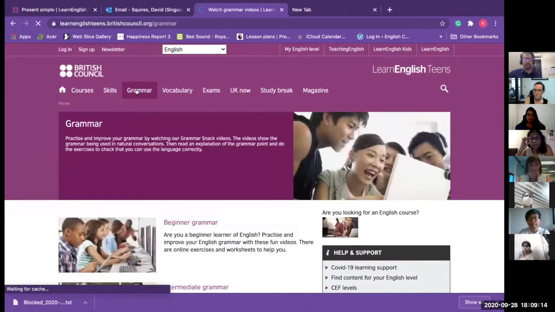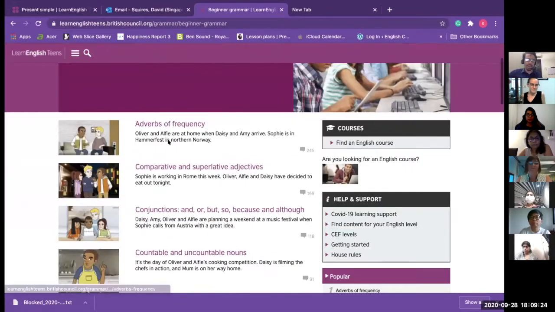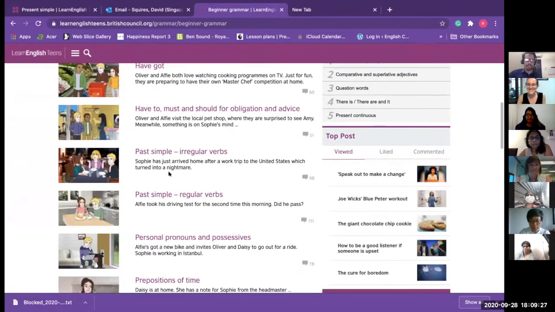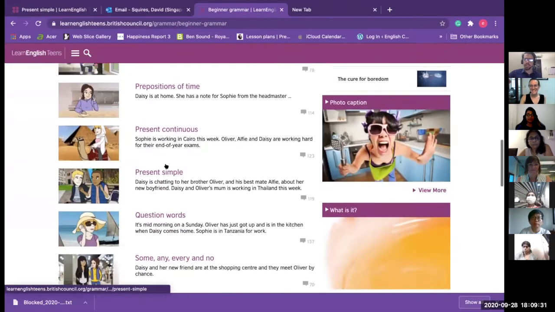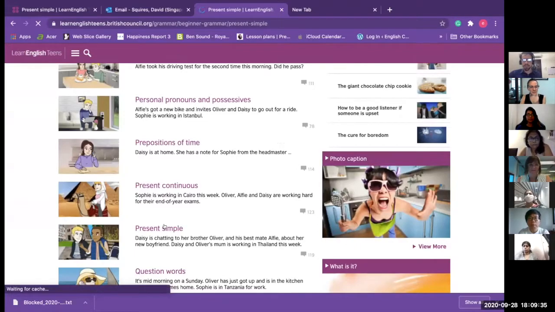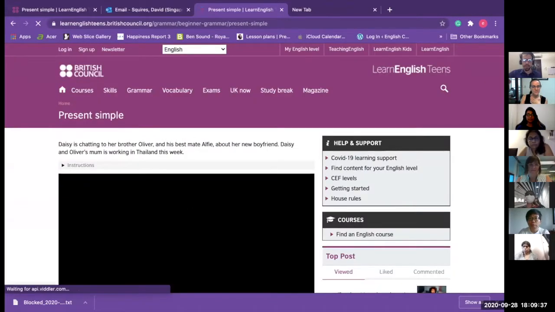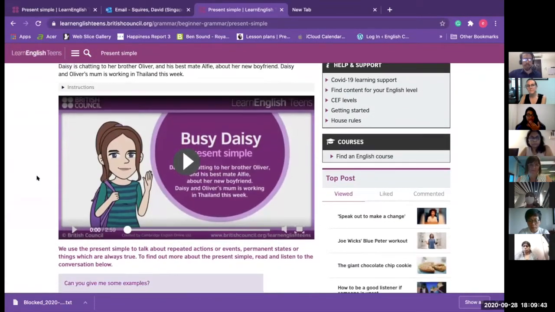So you've got grammar, vocabulary and skills here. Today we're looking at grammar, and after my previous lessons, I think Diane's a beginner and needs a little help with the present simple. There are loads of different topics in there, and we're picking the present simple for today. All of these bite-sized bits are quite similar.